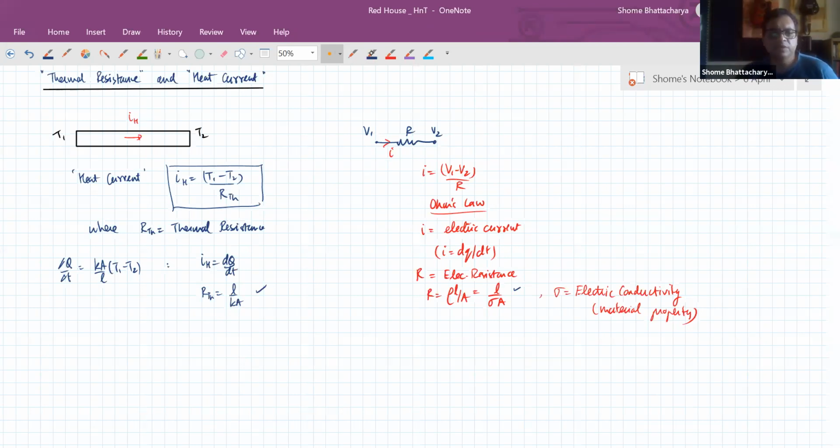So this helps us solve problems where there is a combination of heat conductors creating heat current.